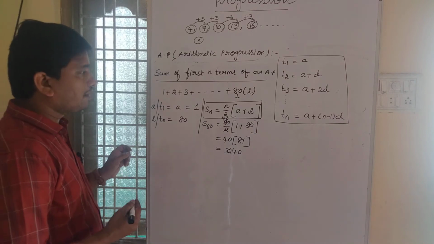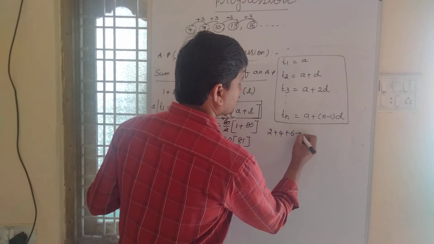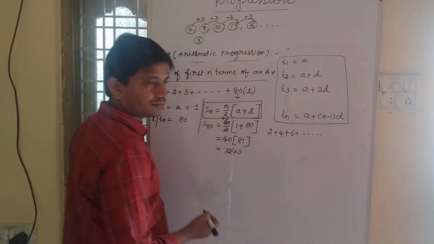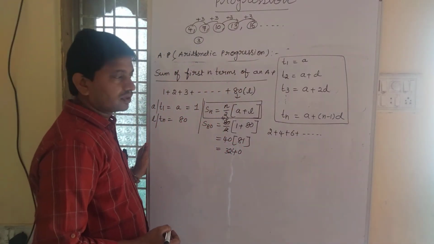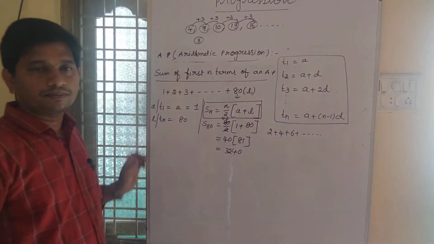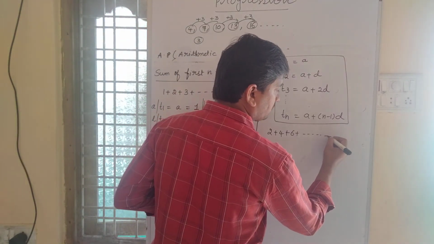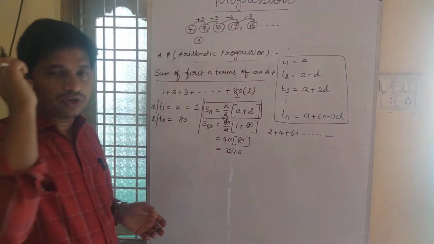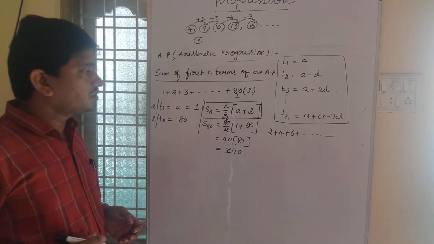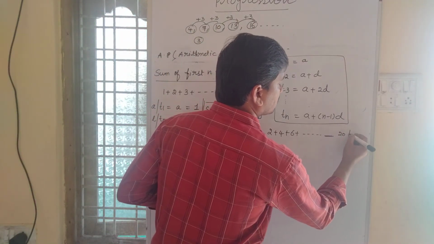Okay. For example, consider this: 2 plus 4 plus 6 plus and so on. So see here, this is an AP where we don't know the last term. We don't know what the last term is. So 2 plus 4 plus 6 plus and so on, 20 terms.